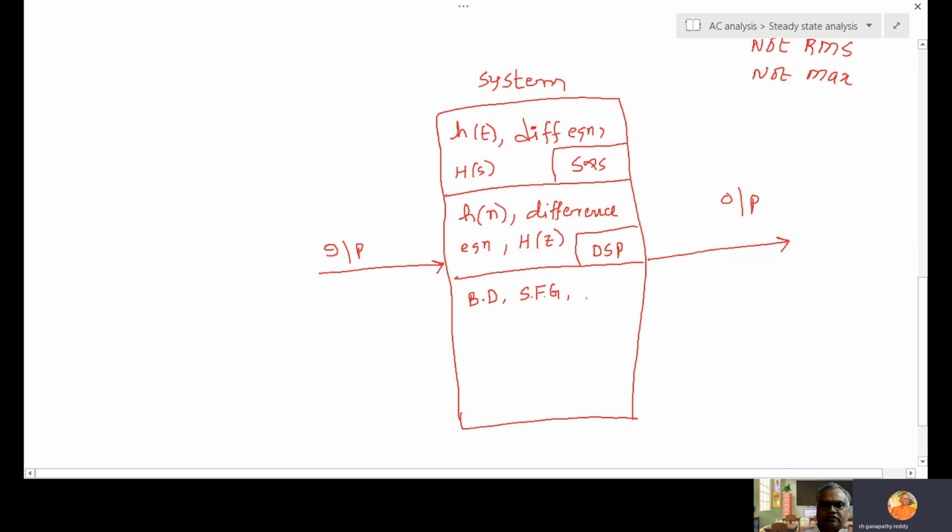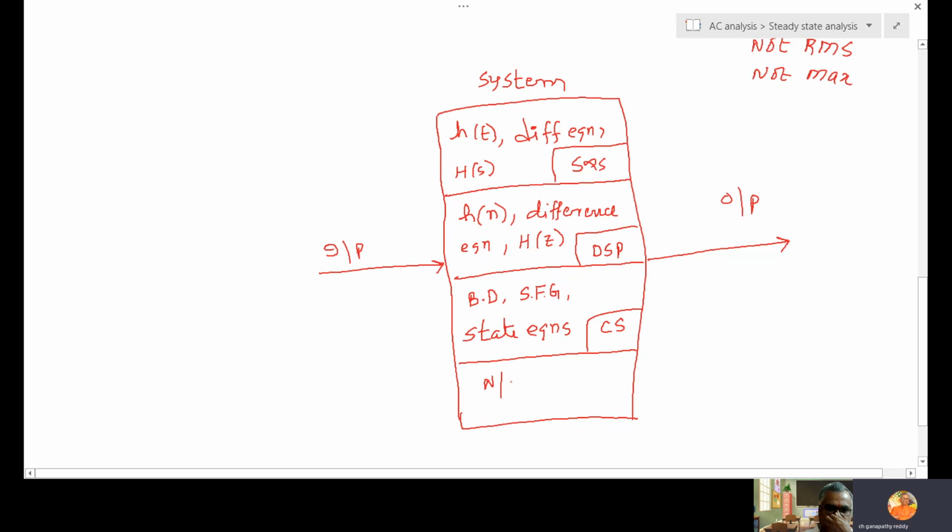Or it can be state variable or state equations. There you study how to find a transfer function from the state equations. So you study all these things in control system.